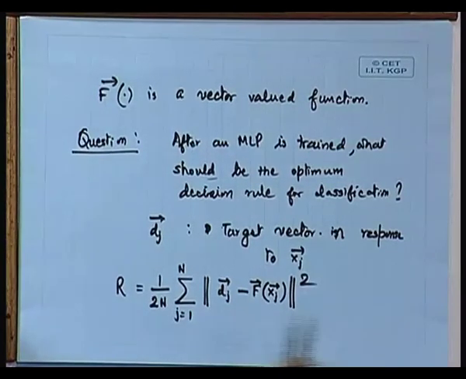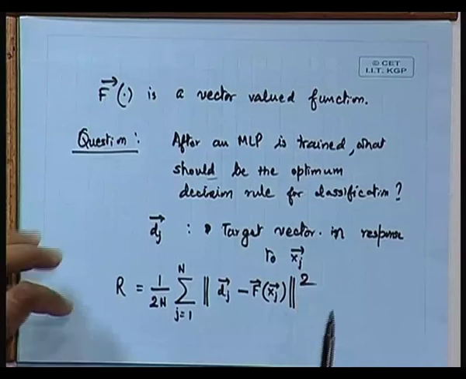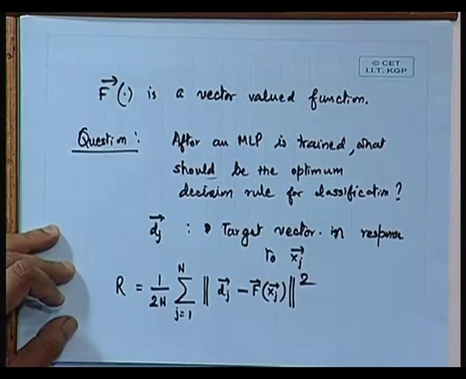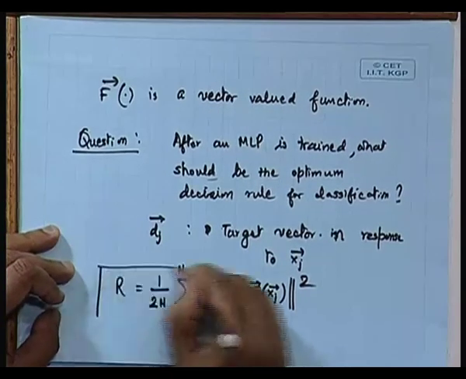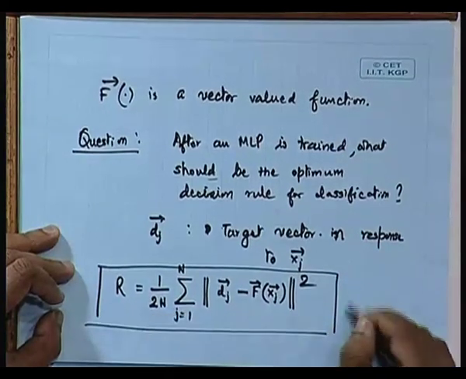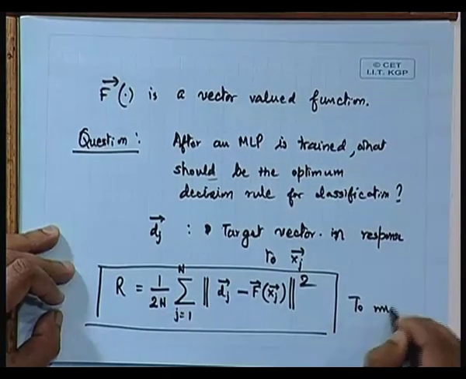This is the squared norm of the error that we are computing for one j, and then it has to be summed up for all the j's, that means all the training patterns. So, this is the risk functional that we intend to minimize.